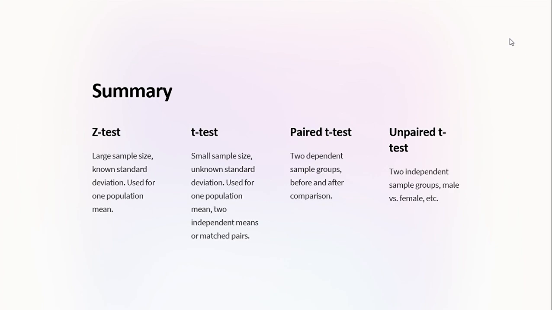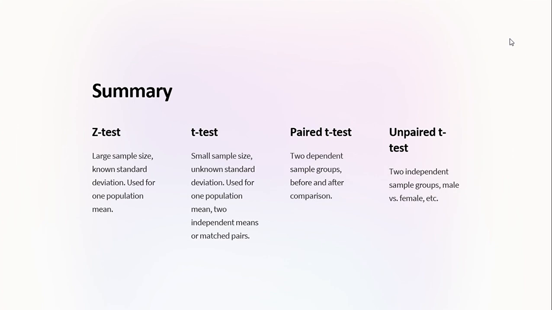A summary of all the approaches that we have been discussing. The z-test deals with a large sample size, known standard deviation, used for one population mean.